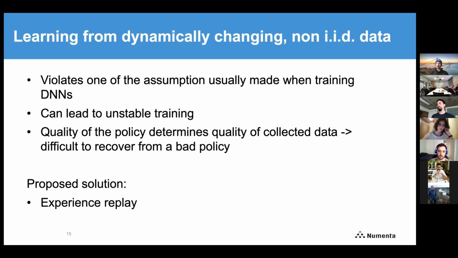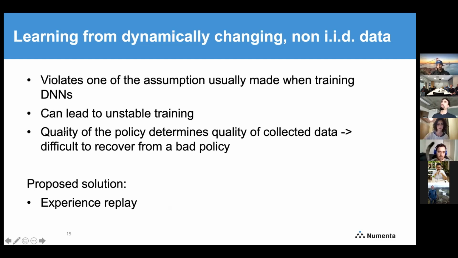And that's clearly not the case when you're acting in a continuous world. This kind of violates this basic assumption of deep neural networks, which adds an extra complication when you're using deep reinforcement learning, and can lead to unstable training.